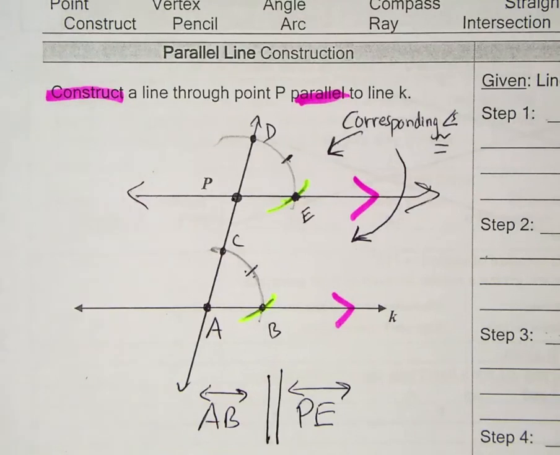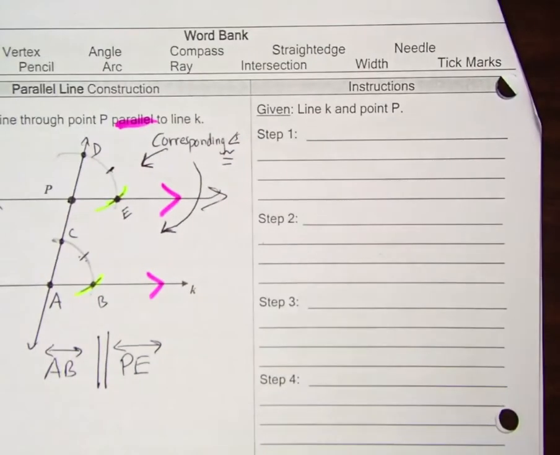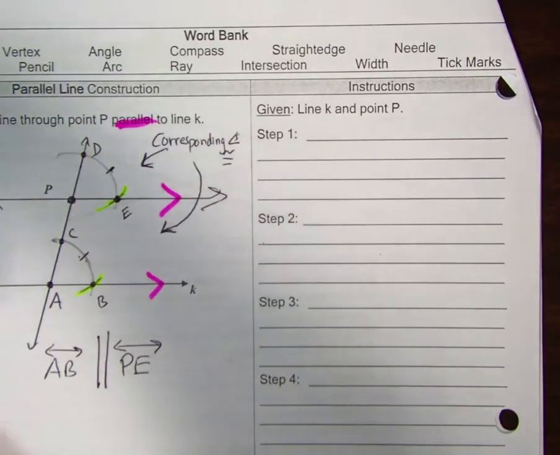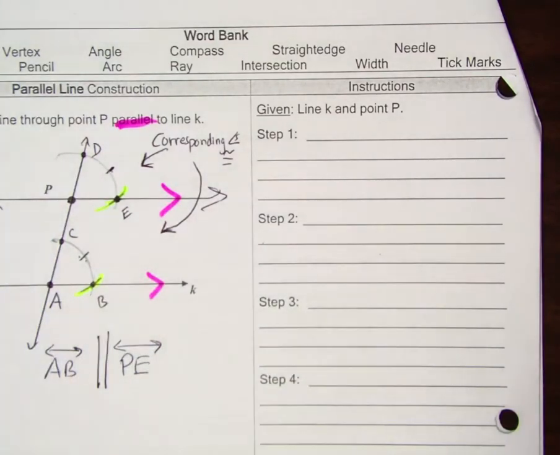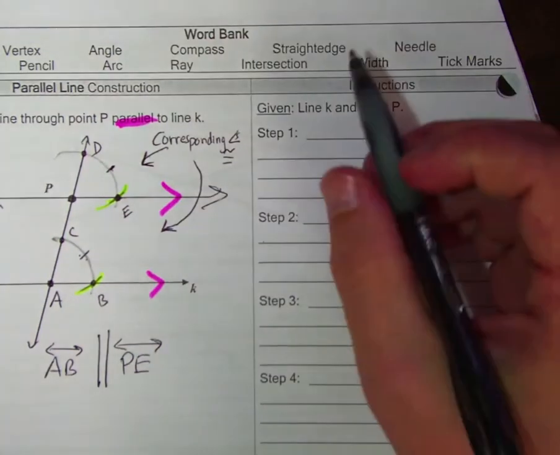So if I were to write this out step by step, and this is really important, we'll just do this really quick. I'm going to try and use as much vocabulary as I can. I might say something like this.